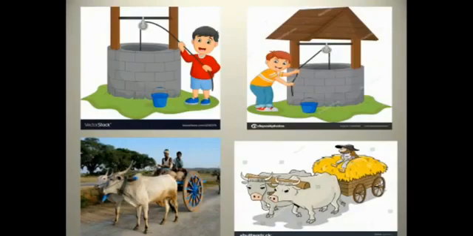From this, what do you observe? It is a person or an animal, that is an animate agency, that does the pushing or pulling. So, what is an animate agency? An animate agency is the representation of a character. It is generally a living character.